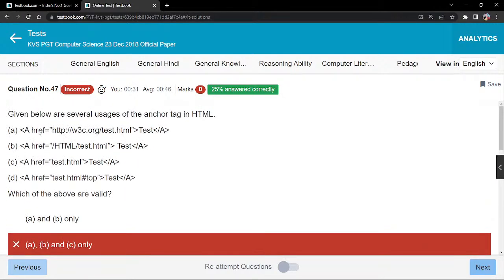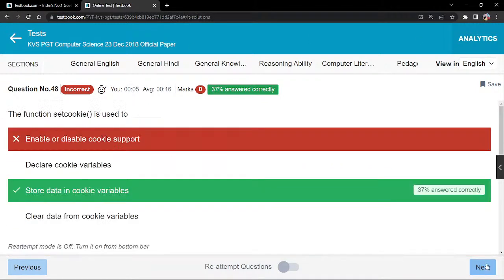A, B, C, D. All are correct. The function setCookie is used to store data in a cookie variable.